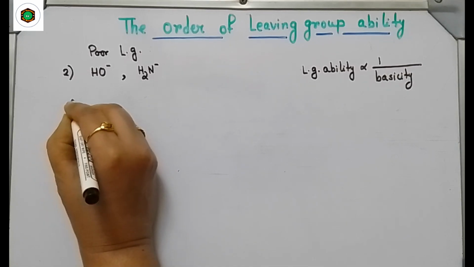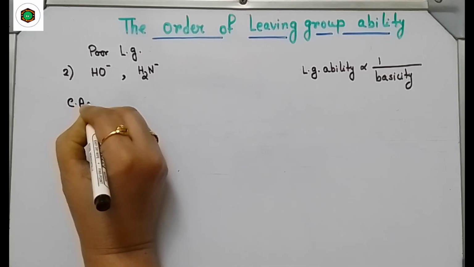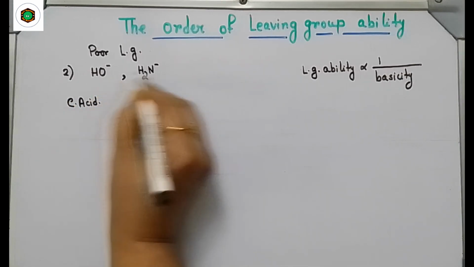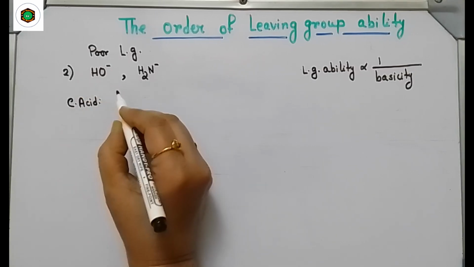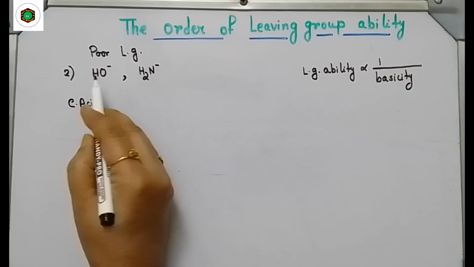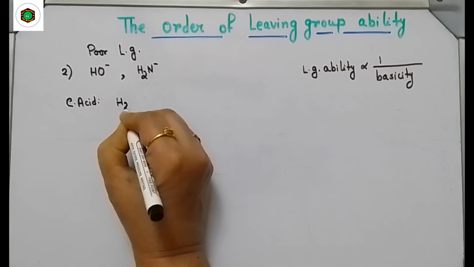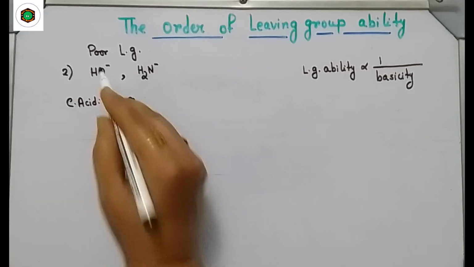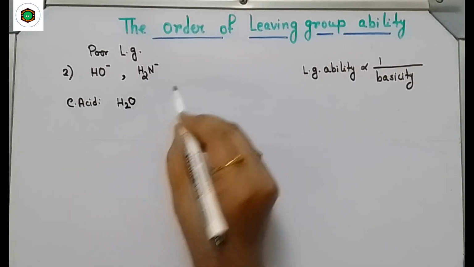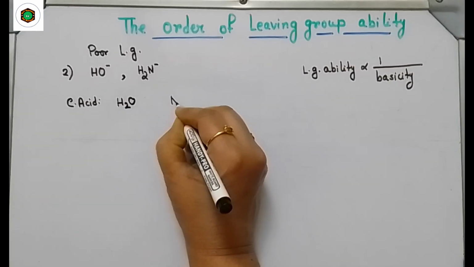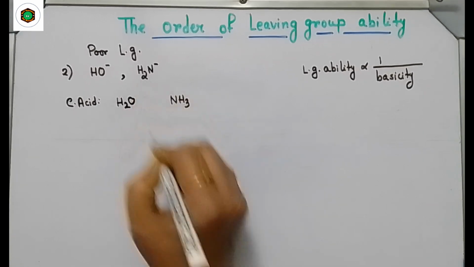First you have to write the structure of the conjugate acid of these two. With OH minus, add H plus, you will get this, which is the conjugate acid of this. And here also add H plus, means NH3. This is the conjugate acid of this.